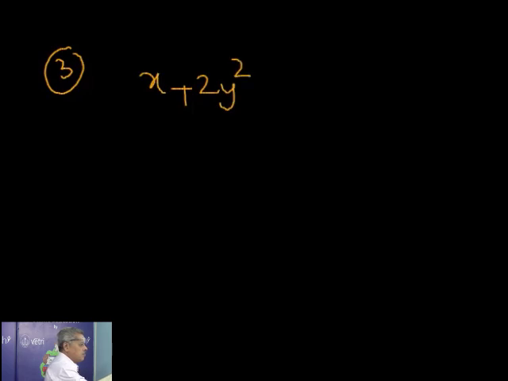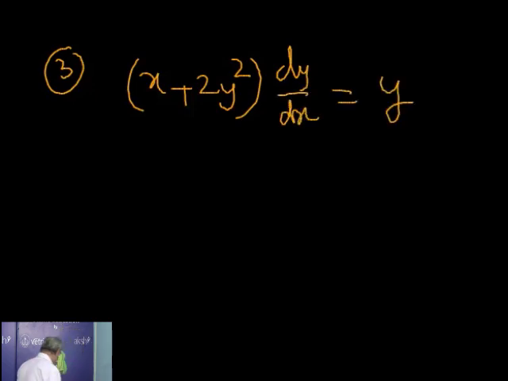Now I will give one example in which we get a linear equation in x. x plus 2y square times dy by dx is equal to 1.